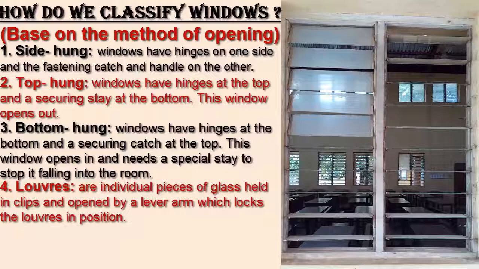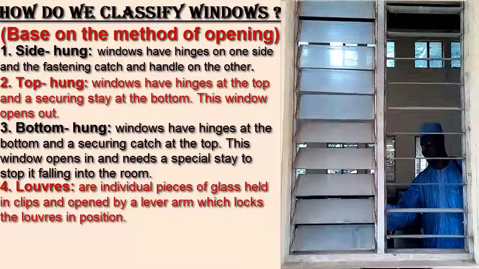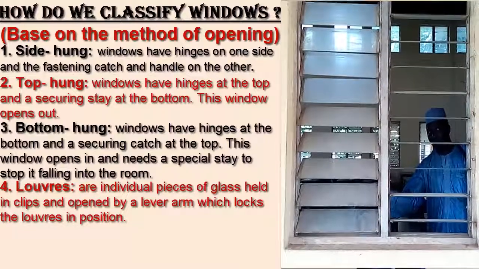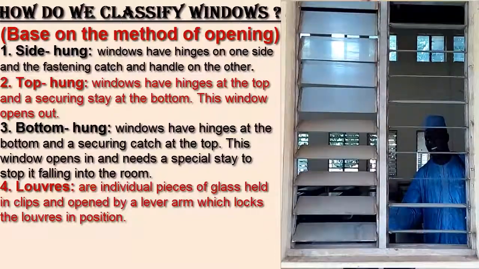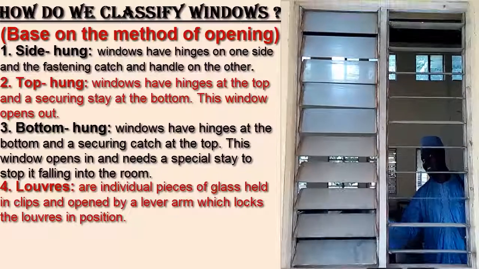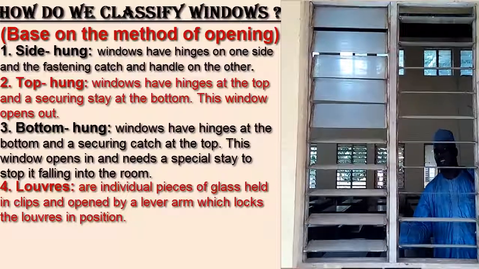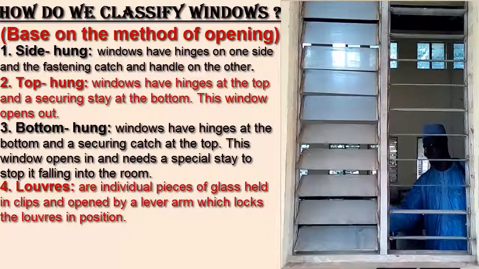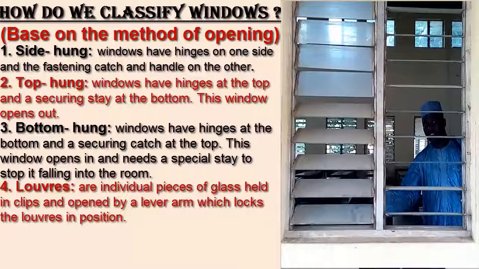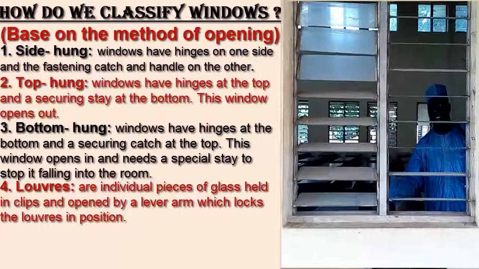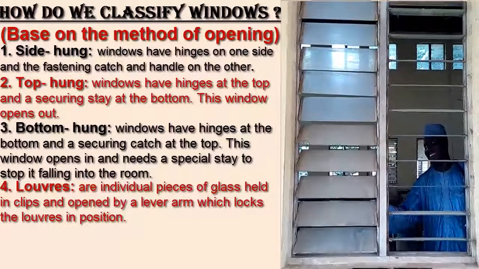When you press the lift downward, you see the whole louvers align and open, and ventilation will enter. But when you lift it upward, the whole louvers close, and you are enclosed in the building.